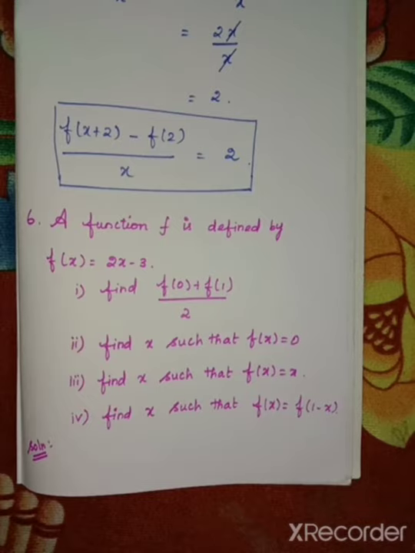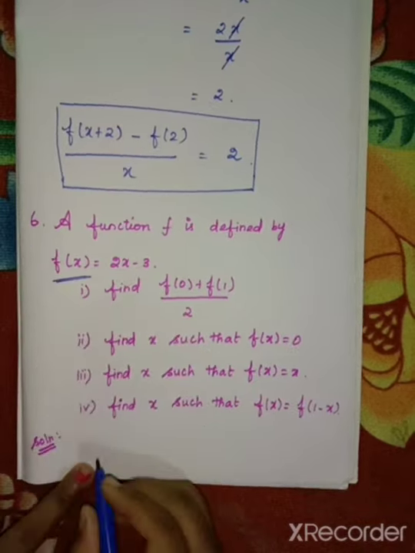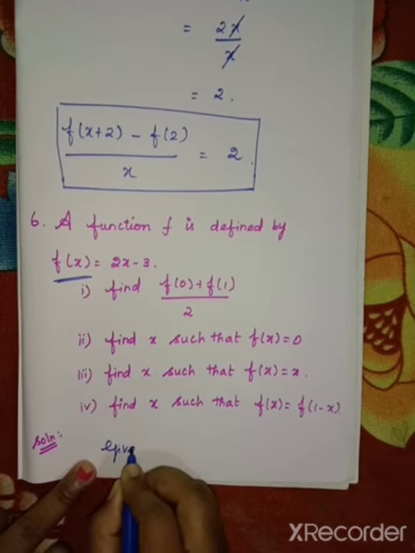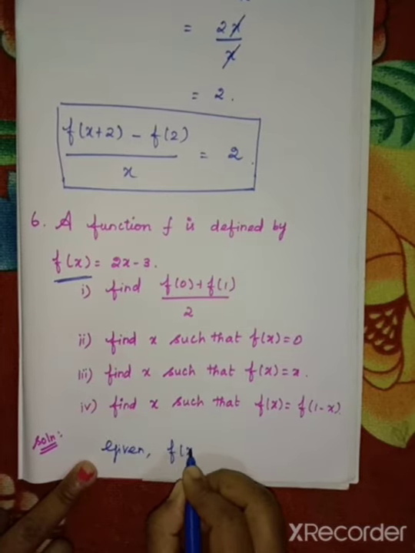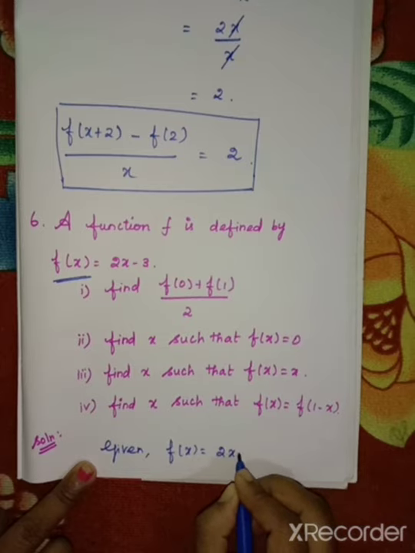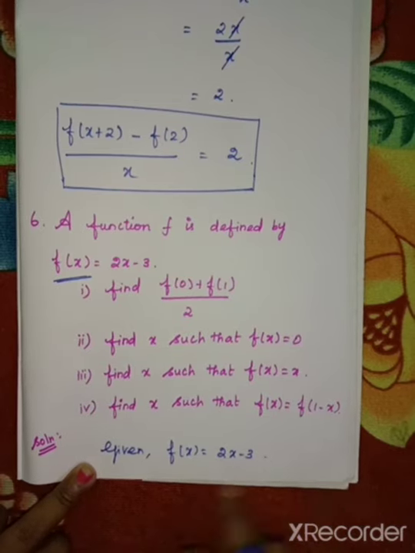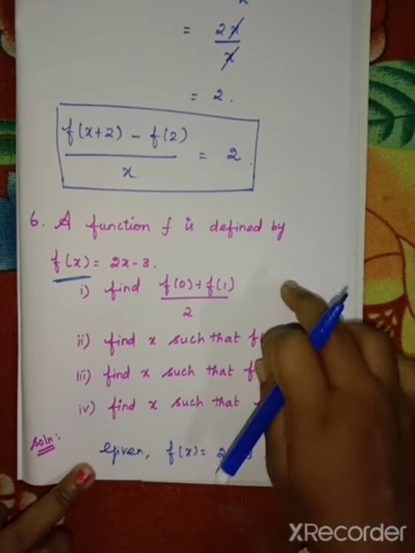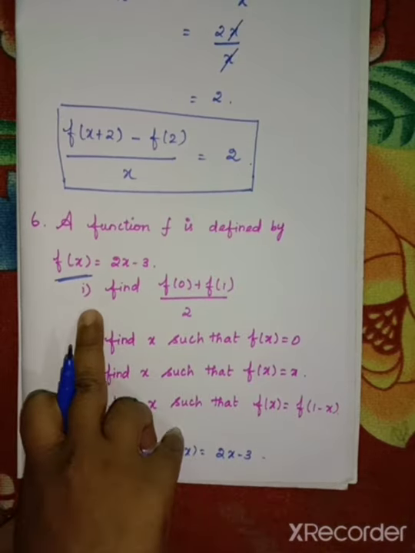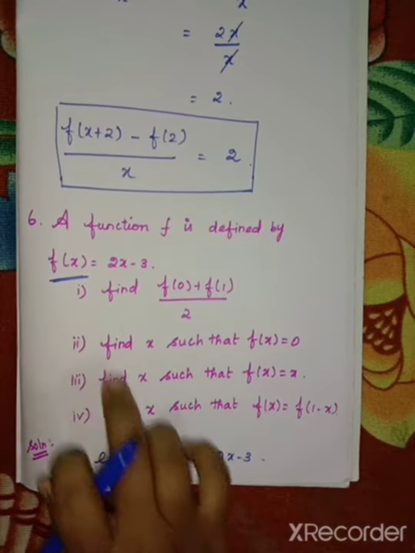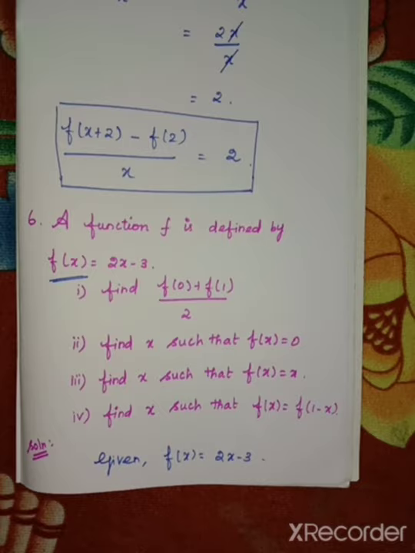Here the function is f of x equal to 2x minus 3. From this, we want to find these four subdivisions. First, find f of 0 plus f of 1 divided by 2.